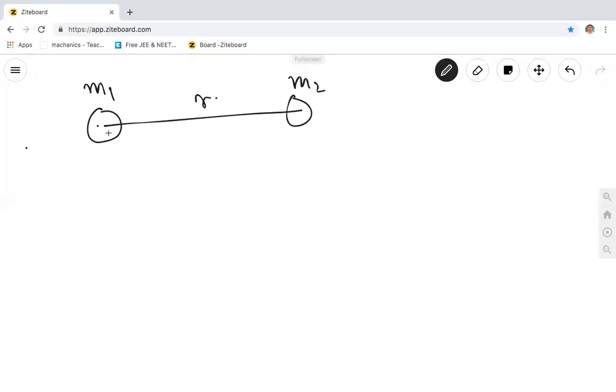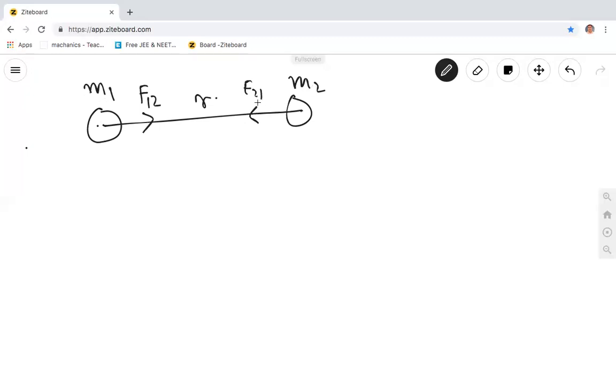Then Newton says that these two objects attract each other along the line joining them, right? This is the direction of force. This is the force F12. This is force F21. F12 means force on mass 1, created by 2.